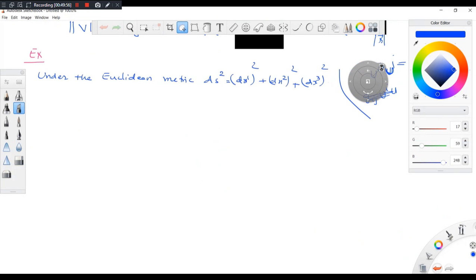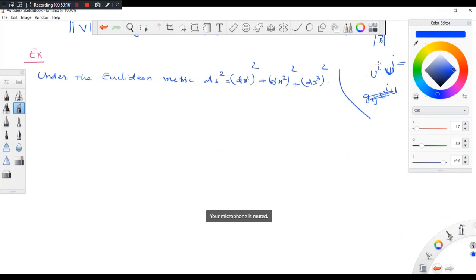For polar coordinates, I'm taking a two-dimensional case: dx1 square plus x1 square dx2 square.